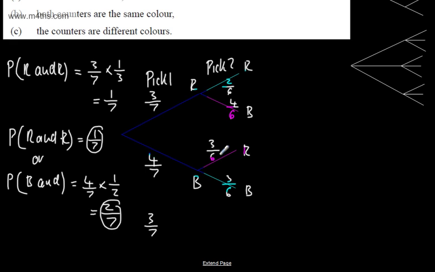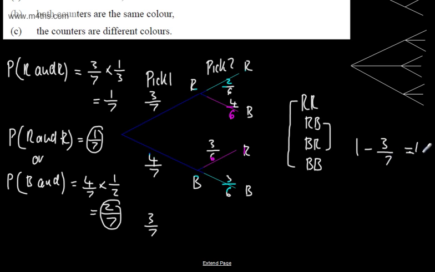Just think of the sample space on here. We can have red, red, red, blue, we could have blue, red, and blue, blue. We've just found out now the probability of these 2, so all we've got now are these 2 left, so it'd be 1 minus 3/7, which is going to give us 4/7.